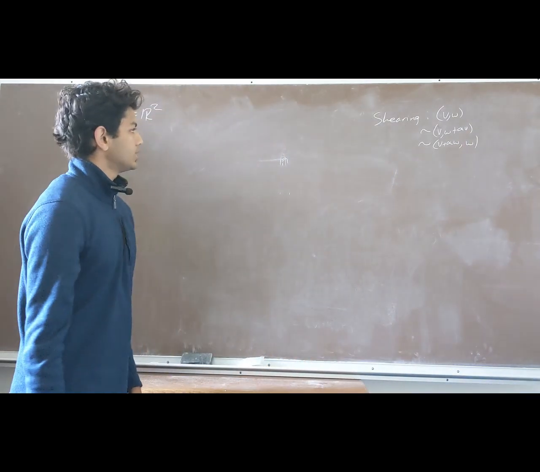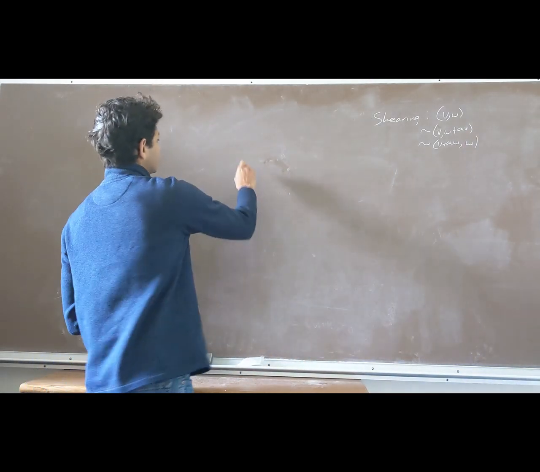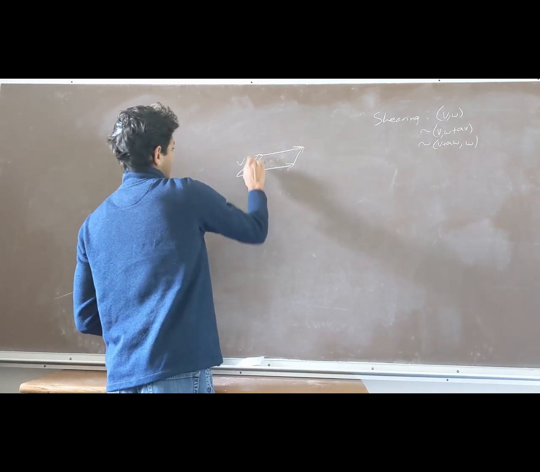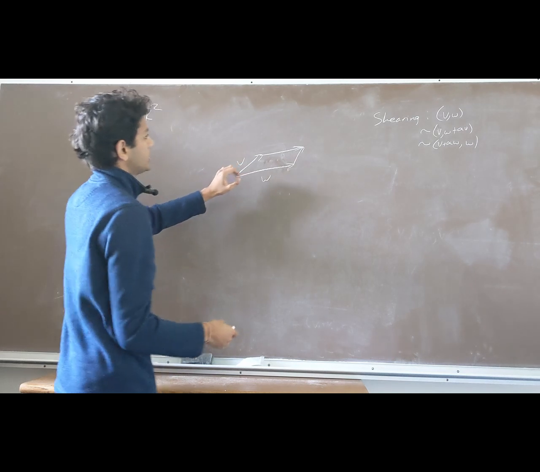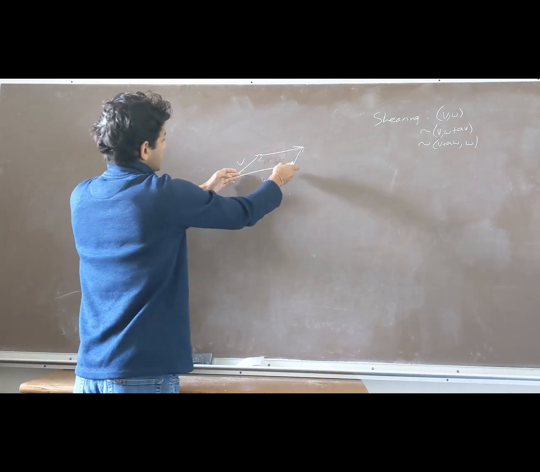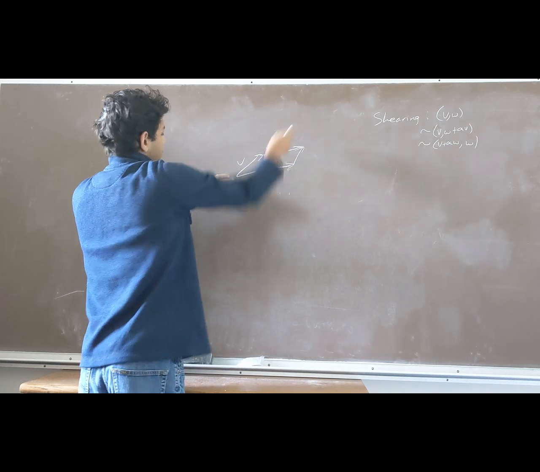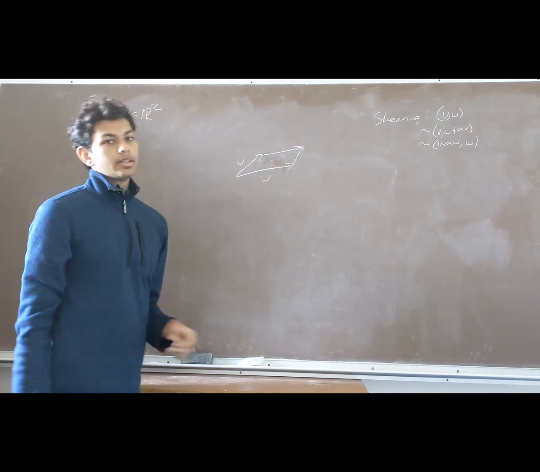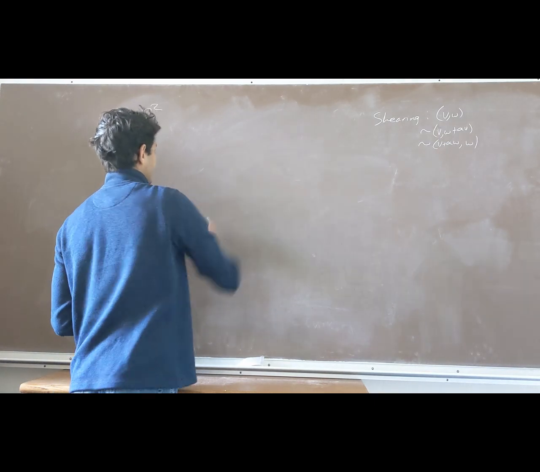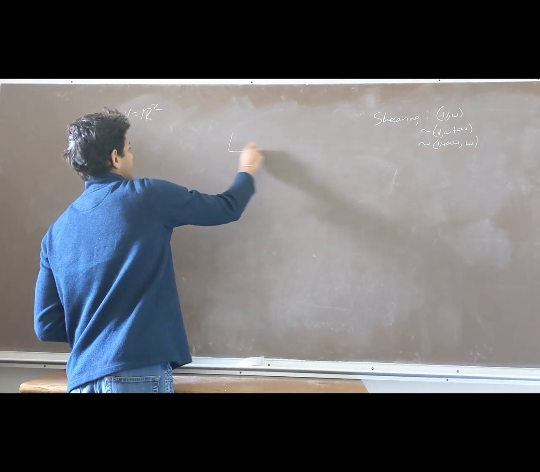And so what this is saying is that you start with the two vectors v and w, and you can either shear v in the direction of w and move along this way, or you can shear w in the direction of v and move the second one along this way, and the resulting parallelogram will have the same area as the original. And this allows us to reduce our parallelogram into a rectangle.